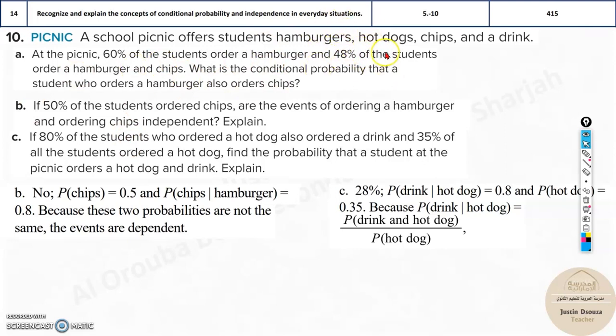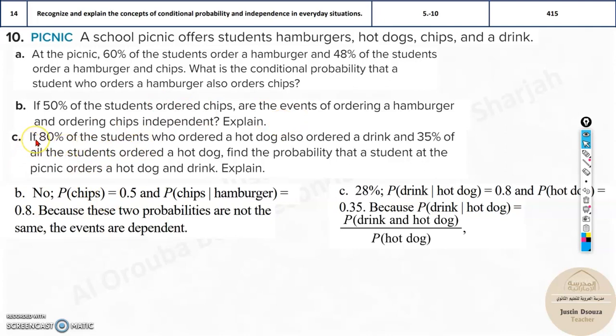And over here, if you find the conditional probability, what we just now found, whoever ordered chips also ordered hamburger, it is 80%. They are not independent. They are dependent on each other. So each probability differs. That is the answer.